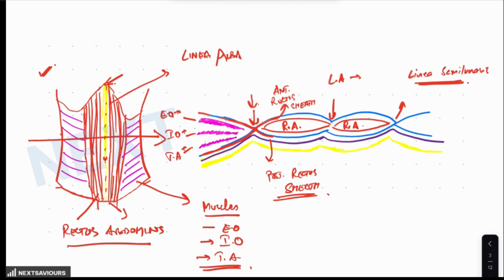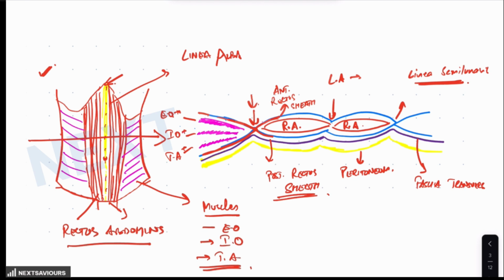When we go further deep, we come across a fascia called the fascia transversalis. This is a very important fascia because it covers the entire abdominal cavity from the inside. Further deep, we encounter the peritoneum along with the preperitoneal fat. Now, this anatomy is not consistent throughout the anterior abdominal wall.